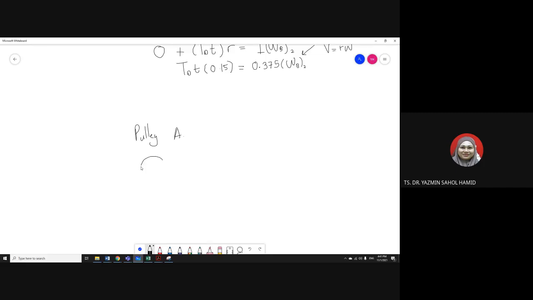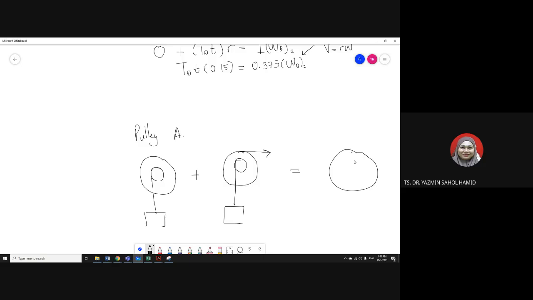So first diagram, this is for pulley A. Include the second diagram, but then there is a tension of the cord here, and equal to the third diagram.